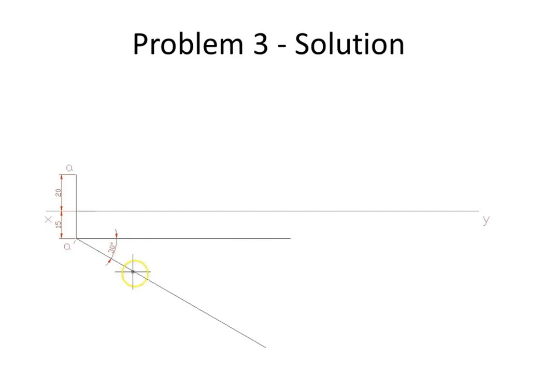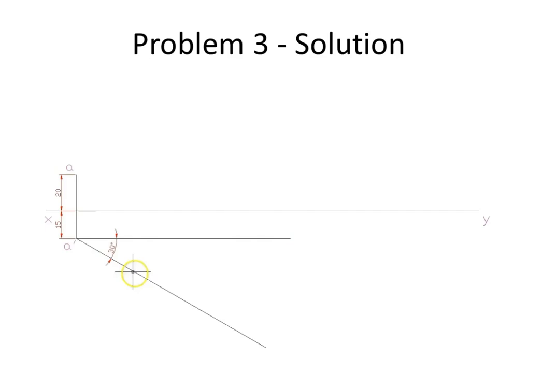So one more thing I would like to point out here is that the previous cases, when we started drawing the projections, whether it is parallel to VP or parallel to HP, we'll start with one endpoint, say A, and we have the locus of the other endpoint. So what we do is we take the point A, and with that A as center and the radius as the true length, we'll cut it on the locus. But here we do not have any locus, since the data of the other endpoint is not given at all.